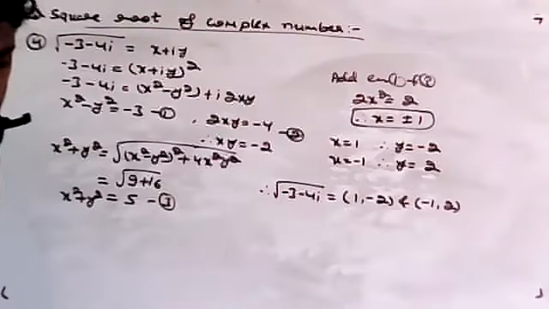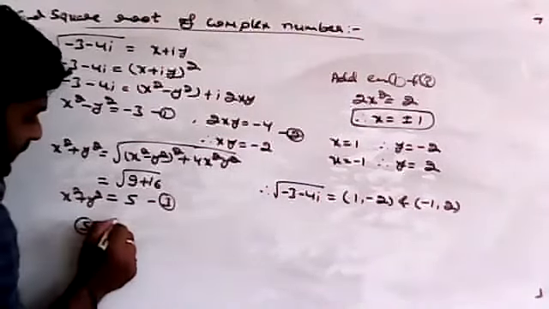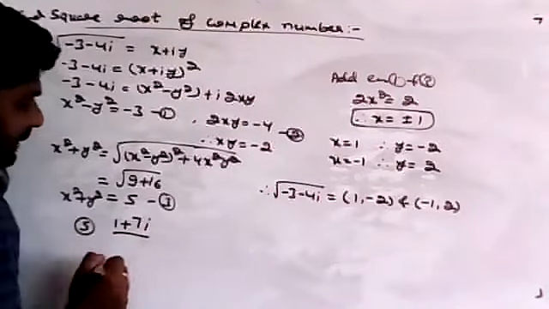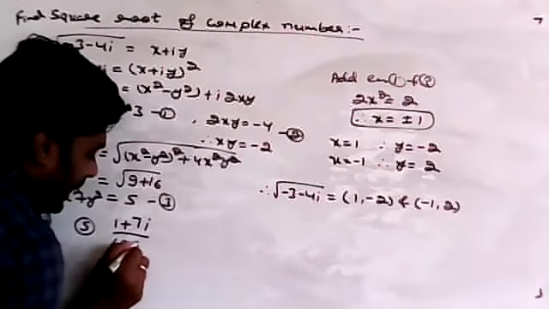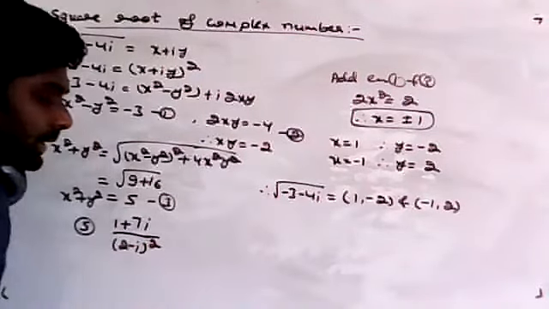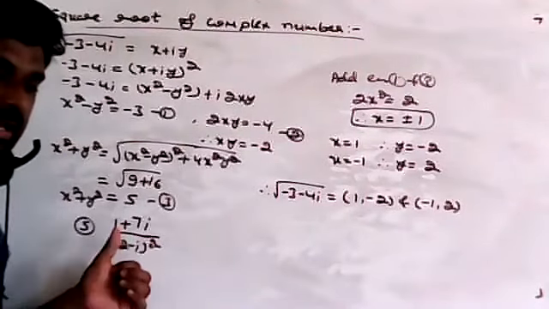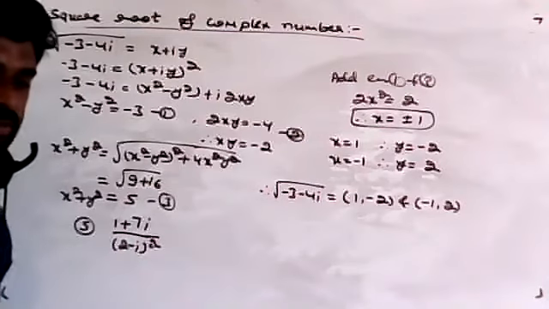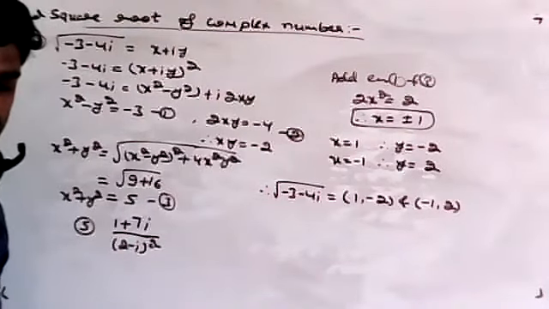Okay, move on to the next one. Already we solved this type. See, 1 plus 7i divided by 2 minus i the whole square. Just take this for homework. Can anyone tell me how we can solve this problem?